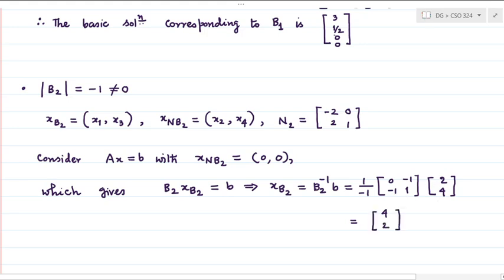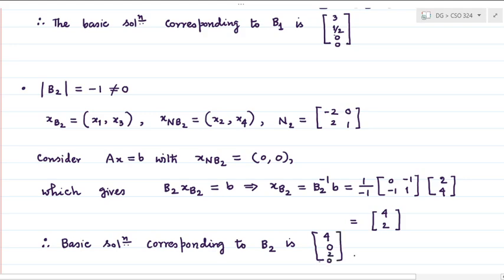Fine. And therefore the basic solution corresponding to B2 is, you have x1 value, x1 is 4, x3 is 2, x2 is 0, so this vector.